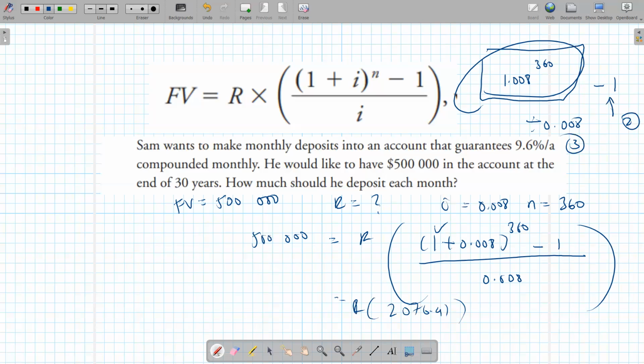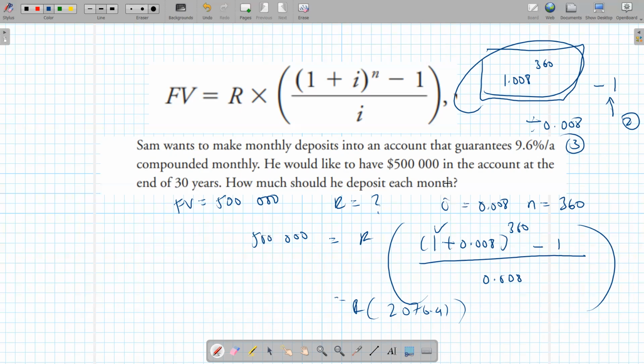Okay, how do we find the next answer here? Do you divide that? Oh yeah, you do.